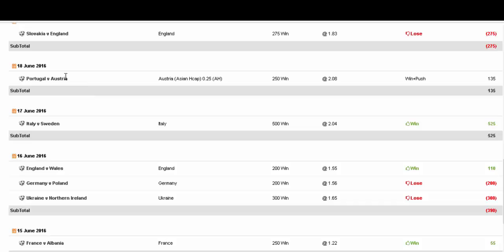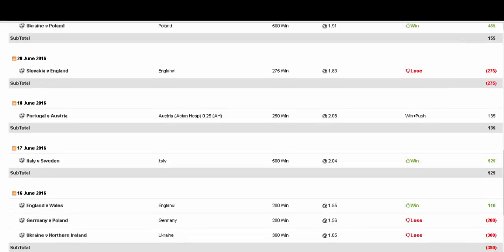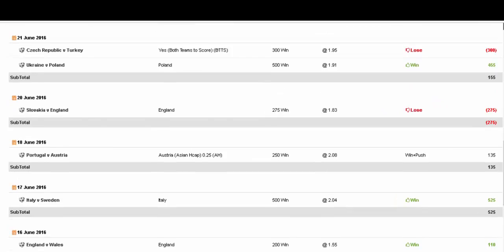And Austria still, at the back of my mind, you have information about them being one of the surprise outsiders, which they didn't live up to at all. Slovakia, England. Again, England might be coming together. I mean, they'd just beaten Wales. Again, just unimpressive. Disappointing by England.